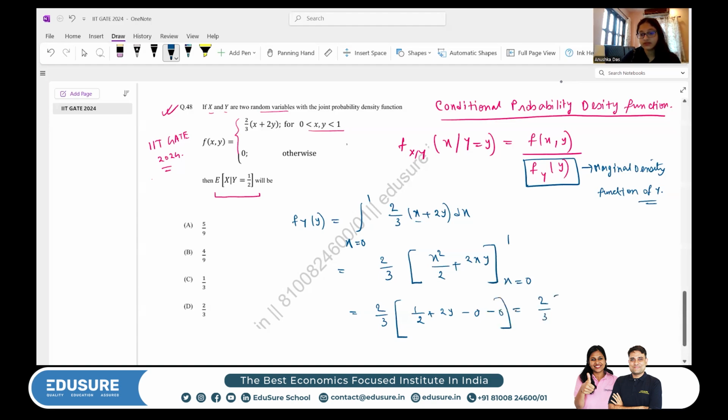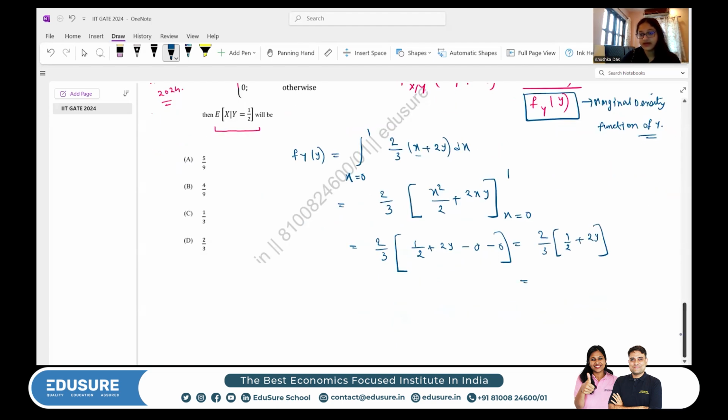So 2/3 times half plus 2y. Or if you simplify, it will be 1/3 plus 4y by 3. So 1 plus 4y by 3. So this will be your marginal density function of y.